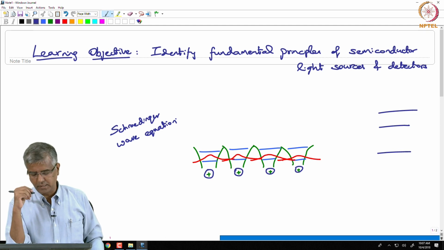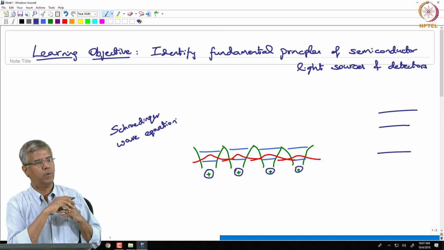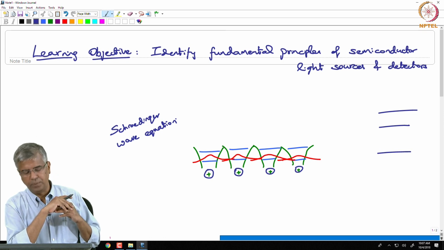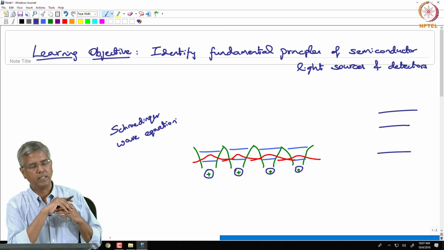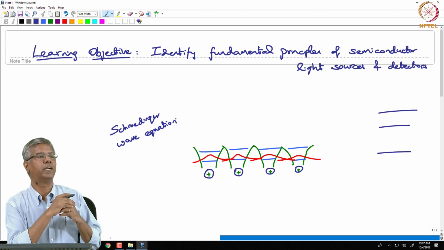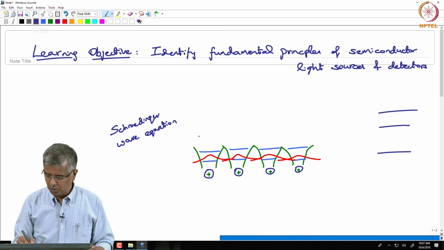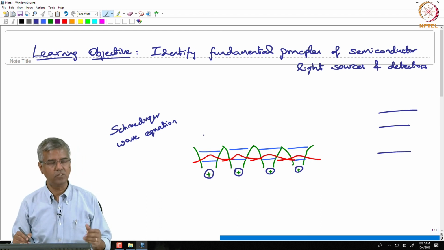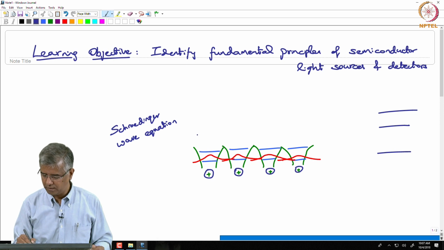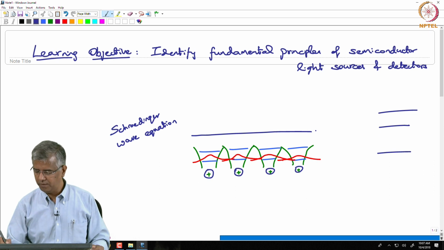And that is essentially saying that when all these potential wells are coupled with respect to each other, then you have a slightly different transport mechanism. To give you an idea of this, when we talk about valence orbitals, those can exist up to, let us say, this level.